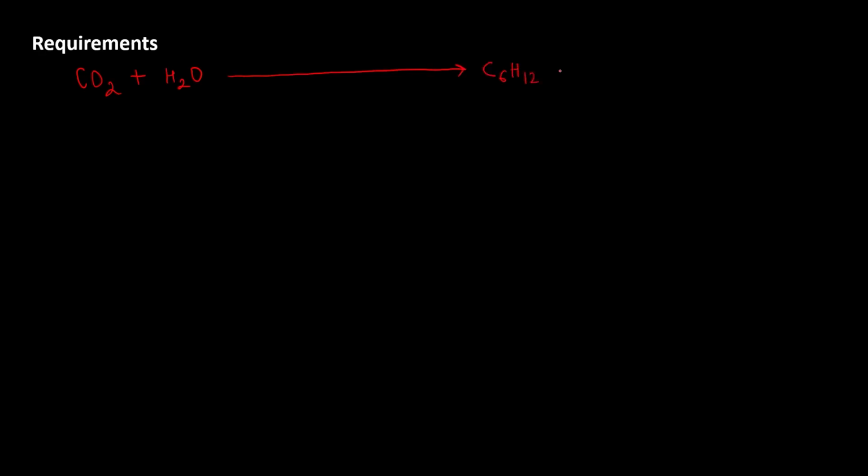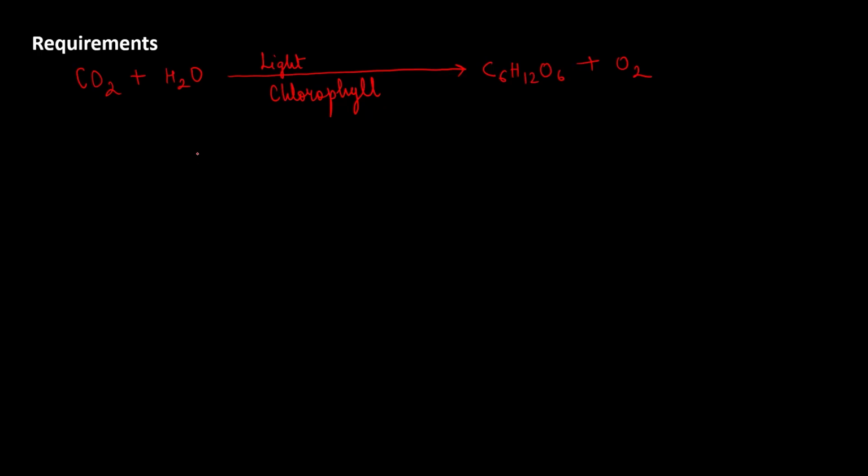This is C6H12O6, right? And oxygen. This is the chemical reaction. Now, what does this chemical reaction require? It requires first light and second chlorophyll. Now, what is this chlorophyll? It is a pigment, and we will study in detail about this in upcoming slides.